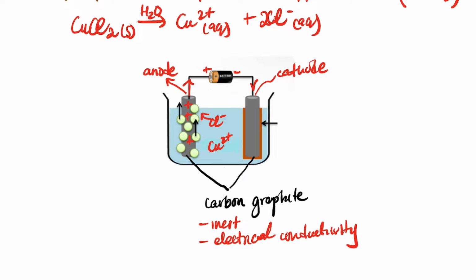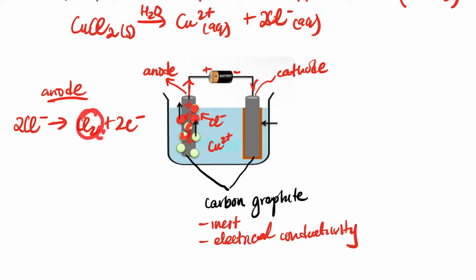Once the chlorine is attracted there, donates electrons and oxidizes, this is what is going to happen in the anode. The chloride ions, two of them, are going to oxidize into chlorine gas and two electrons, which means this gas formed here is going to be these bubbles, right?